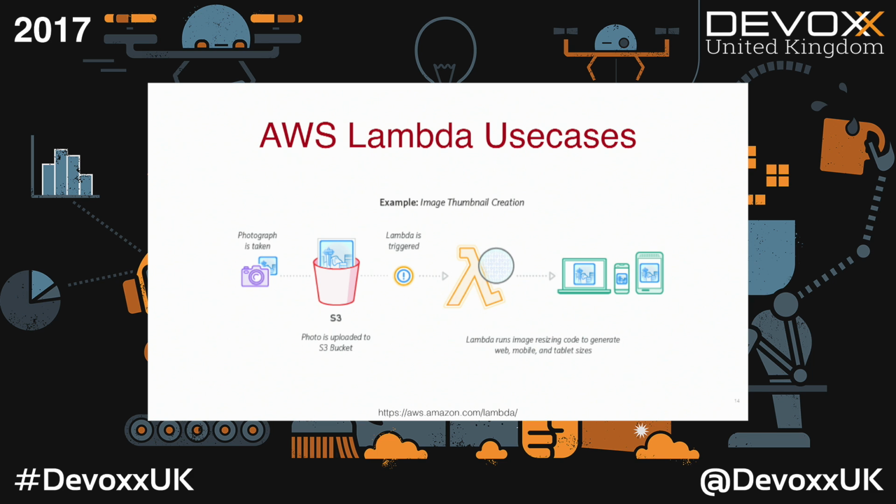That Lambda function can then say, hey, this is a full-blown 10 megabyte image, and I'm going to start creating a different thumbnail depending upon the device sizes. So I know, for example, this image could be viewed on 5 different form factors, and I'm going to create 5 different images for it automatically. That serverless function is going to do that, and I'm going to store them back into the S3 bucket.